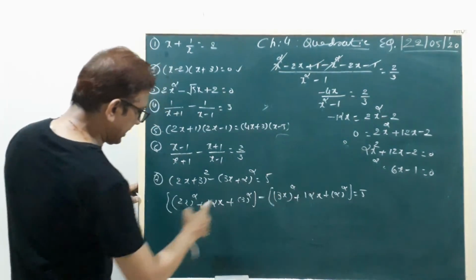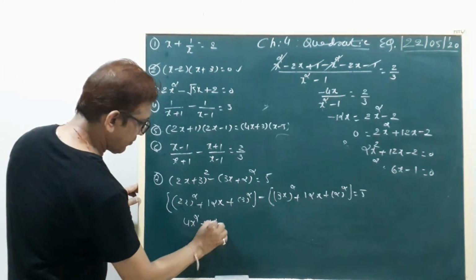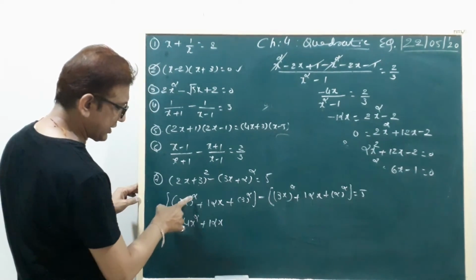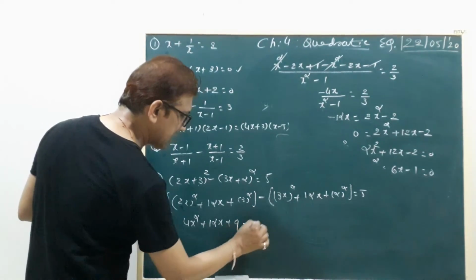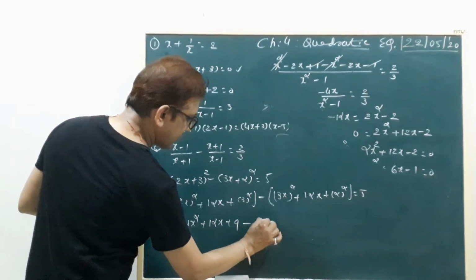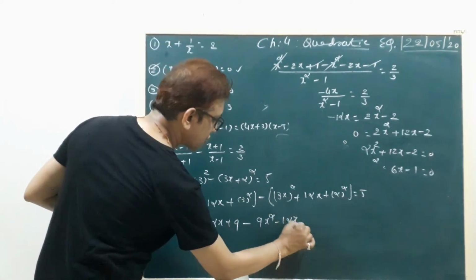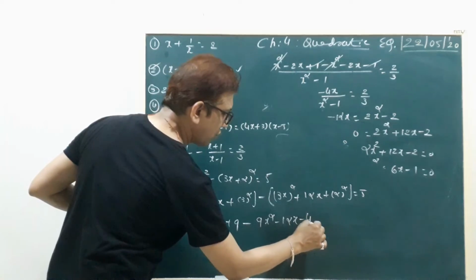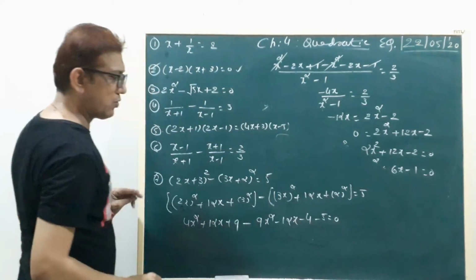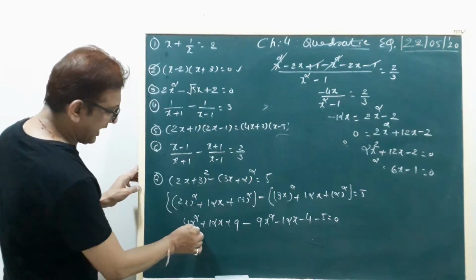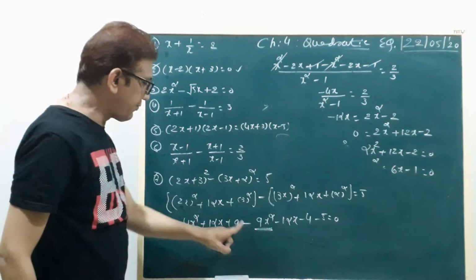Now open the bracket here. Here square: 4x square plus 12x. 2 square is 4, x square is x square. 12x plus 9, minus here 3 square, 9x square. Open the bracket and change the sign: minus 12x and minus 4. Now 5 on the left side, minus 5 equal to 0. Okay. Now like terms are 4x square and 9x square. Both have different signs.